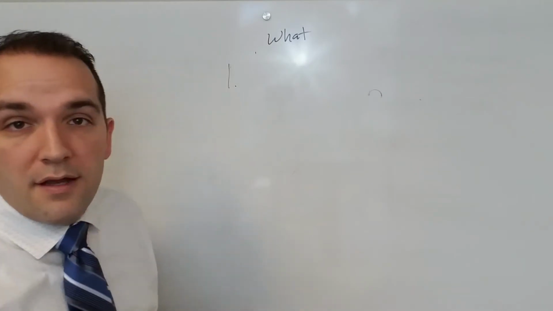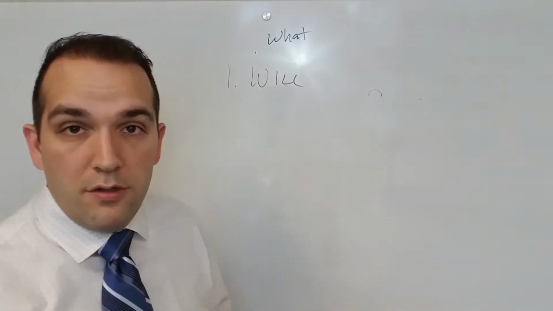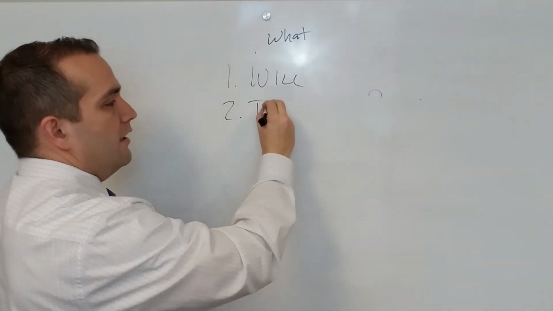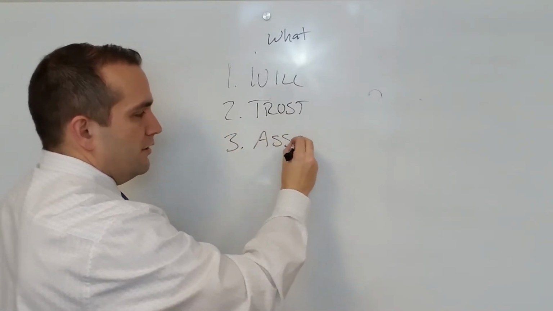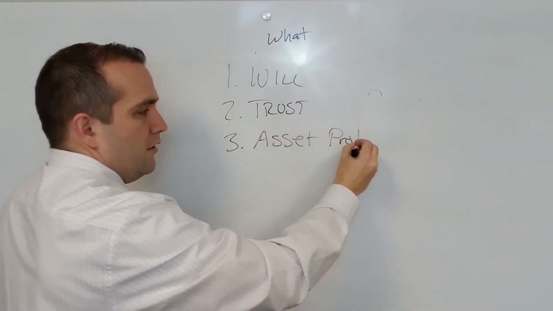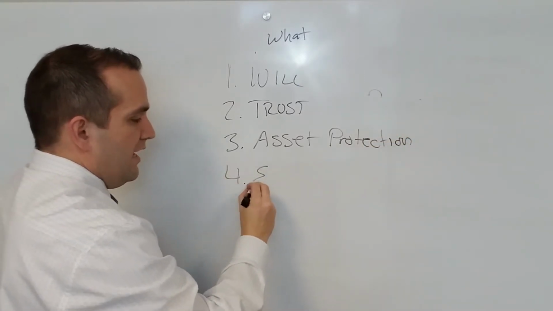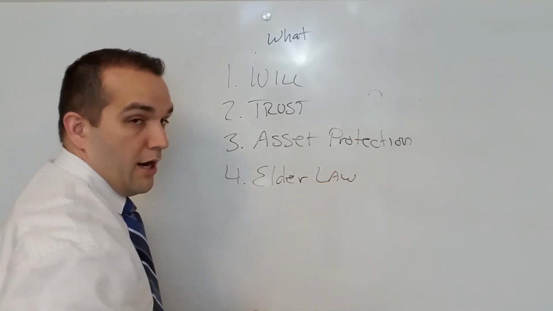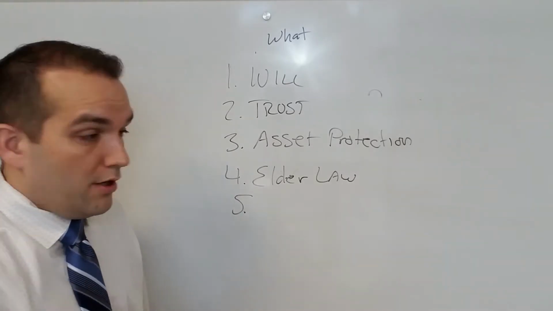When you understand what someone owns, you understand you could help them by creating their will. They might need a trust, they might need asset protection, they might need elder law service. So I'm adding in, they might need life insurance down here.